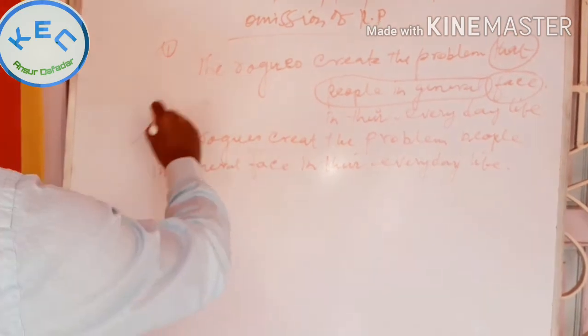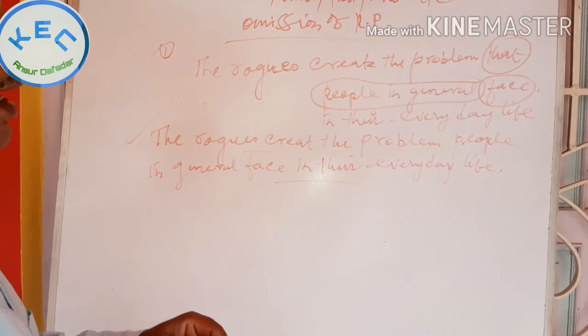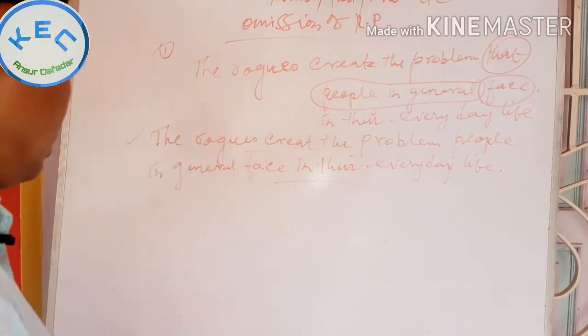In this sentence, this is justified. Here there is no relative pronoun, and this is in conformity with the rule.